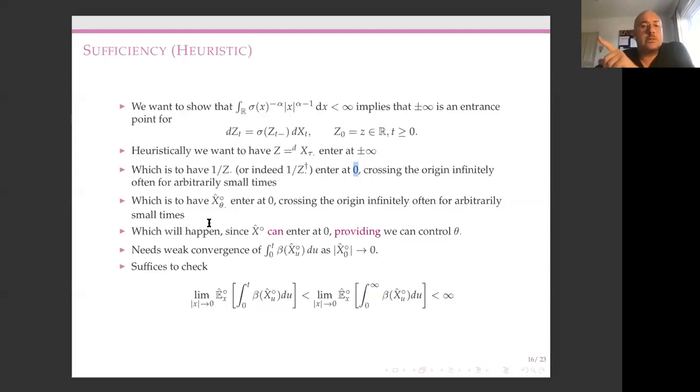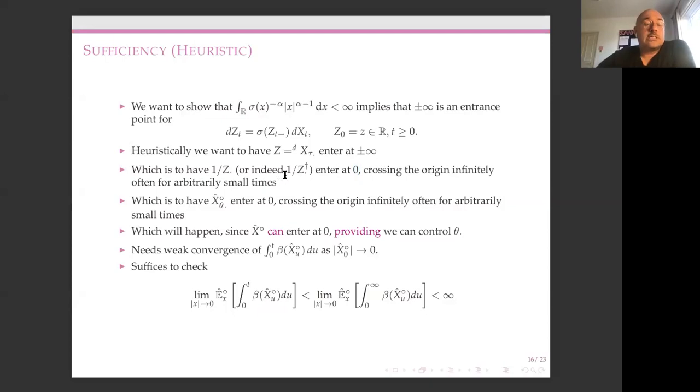That's an important feature of this bullet point. Entering at plus minus infinity means I'm going to have to cross the origin infinitely often. And so when I invert it, it is still going to cross the origin infinitely often.